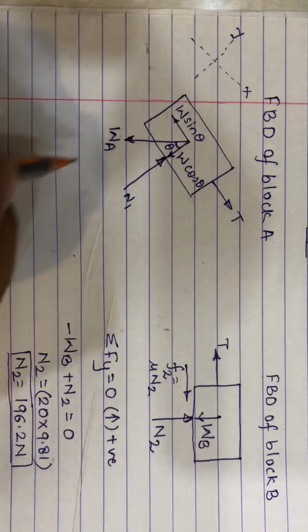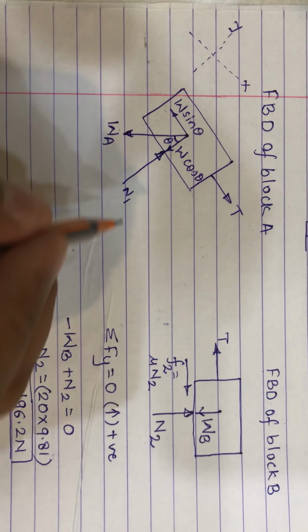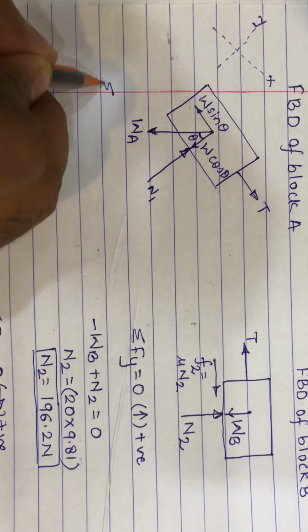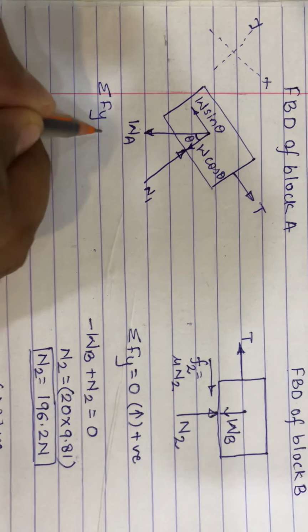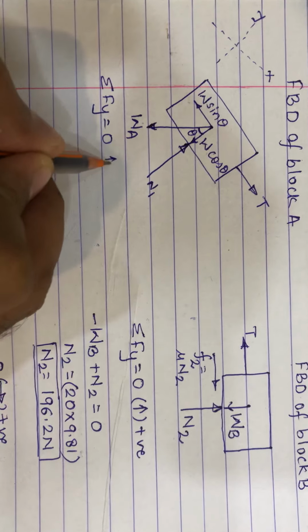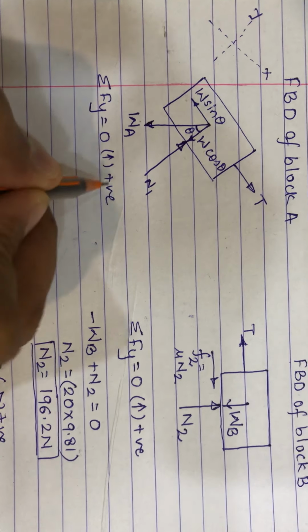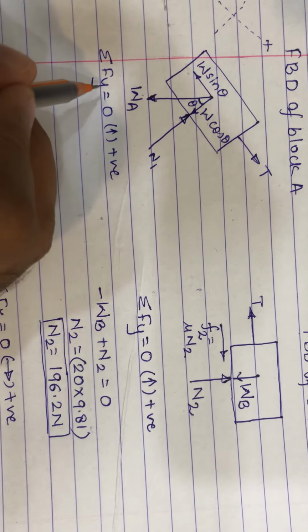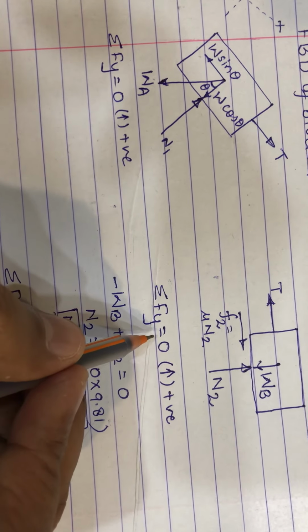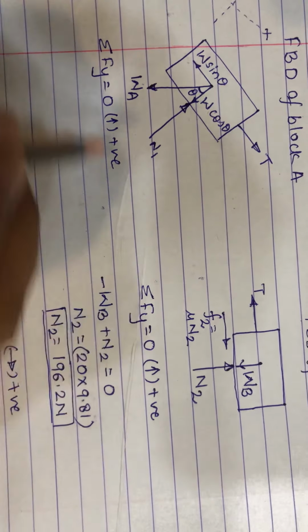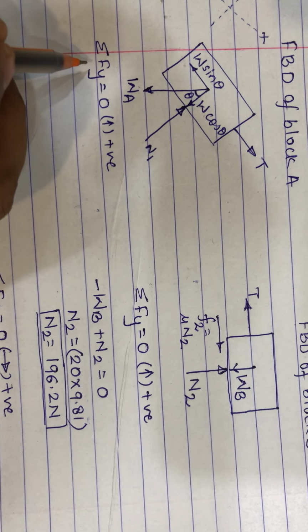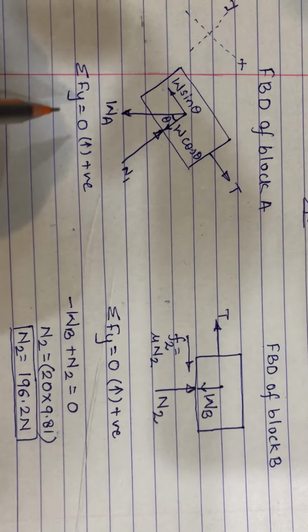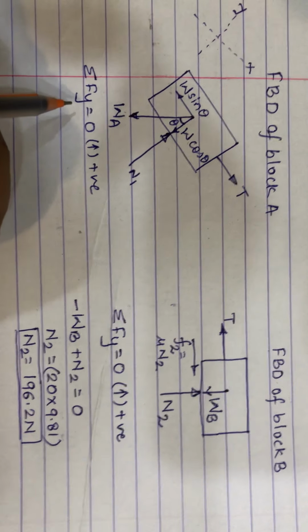Considering the terms of Fy and Fx, we'll take summation of Fy equals 0, upward direction positive. It is not compulsory to always take summation of Fy first; you can take Fx first also.